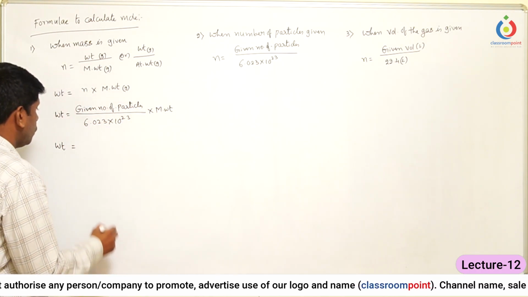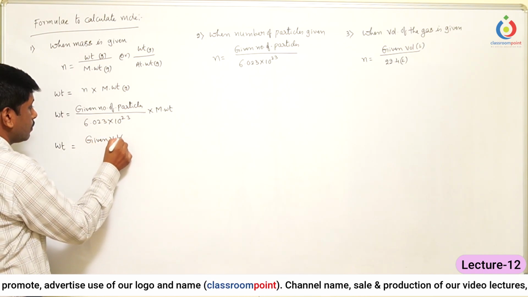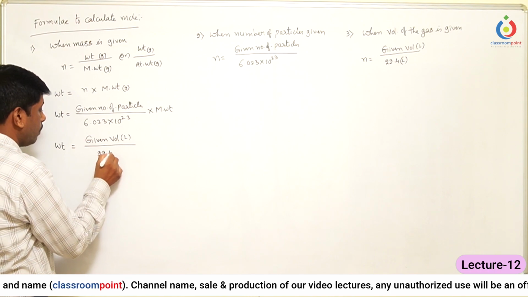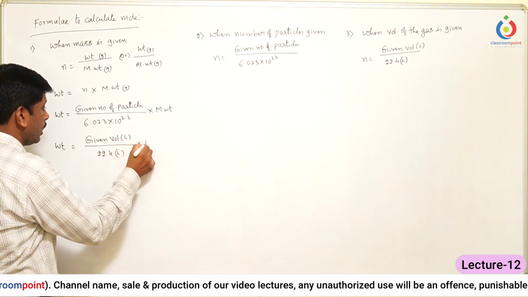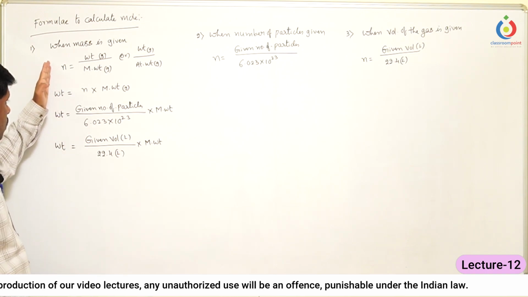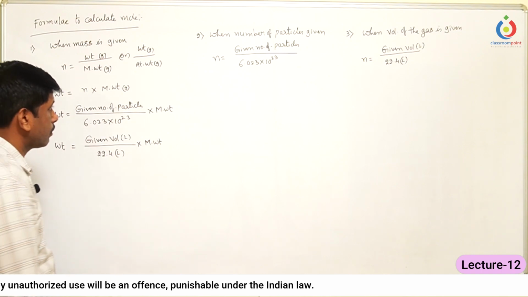So here we can write down the given volume of the gas divided by 22.4 liters into molecular weight. Let us try to solve simple questions using these four formulas, then we shall go on.